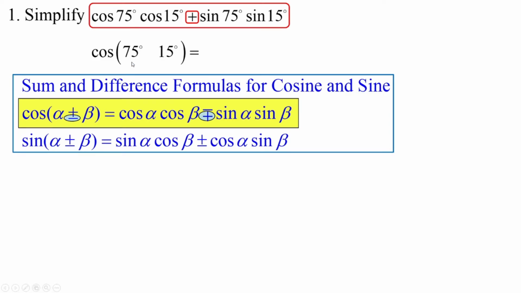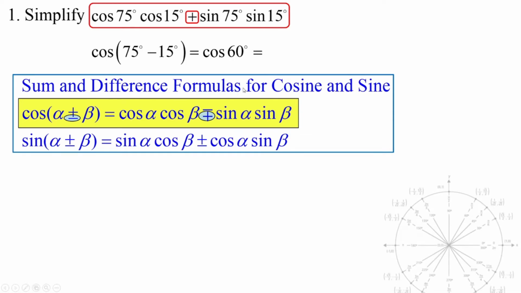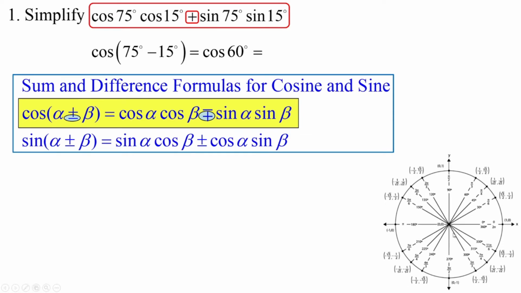So this becomes cosine of 75 minus 15, which is cosine of 60 degrees. And then look, no calculator necessary. You might visualize the unit circle. 60 degrees is right there, and cosine of that 60 degrees, this horizontal distance right here, is 1/2. So there it is, number 1.